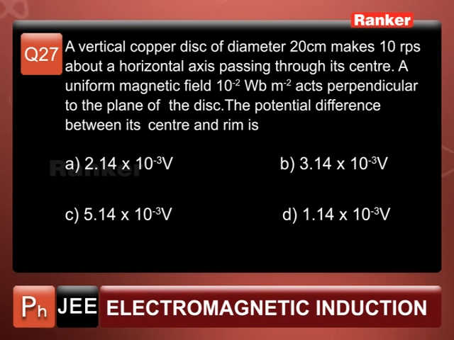Second option, 3.14 into 10 power minus 3 volt. Third option, 5.14 into 10 power minus 3 volt. And fourth option, simply 1.14 into 10 power minus 3 volt. The correct option for this one is 3.14 into 10 power minus 3 volt.